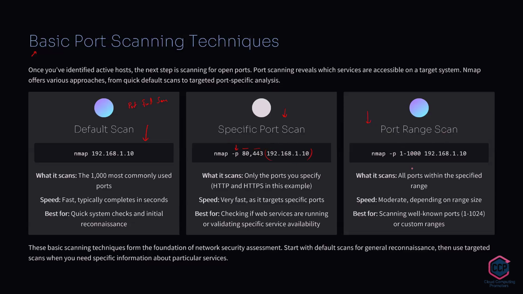Then a range of ports scan, where we scan from the first to 1,000 ports. We also did this scan where we got only four results, and in the result it was mentioned that 996 were not found or not supporting. Got it?